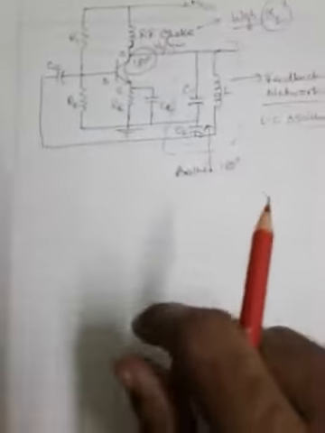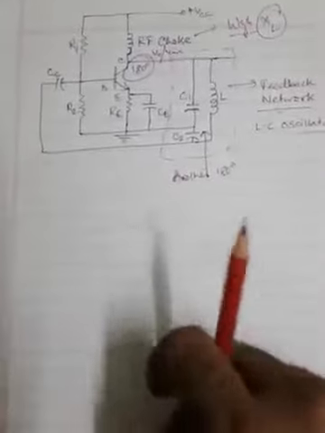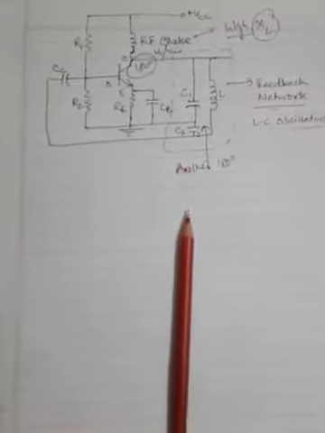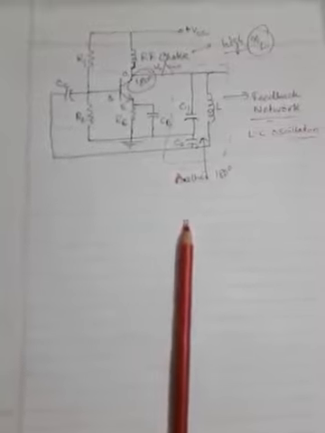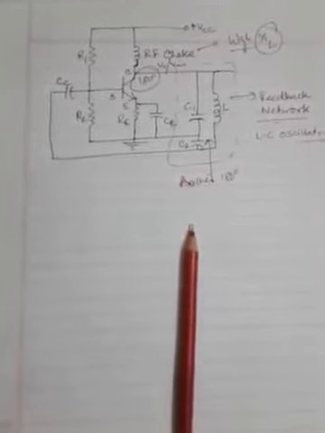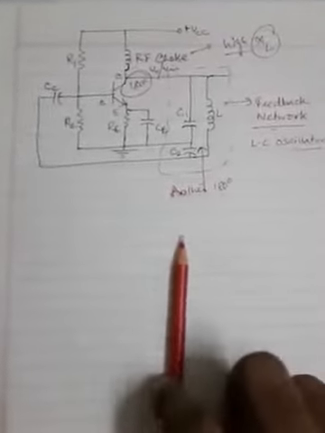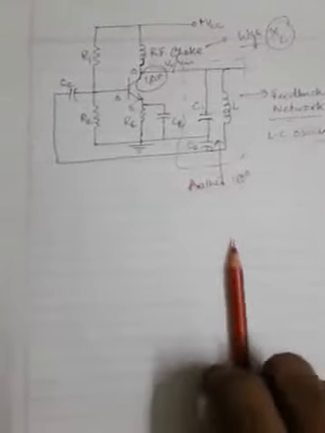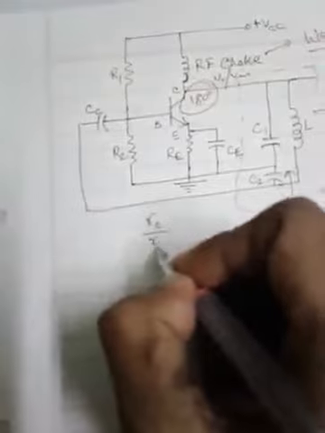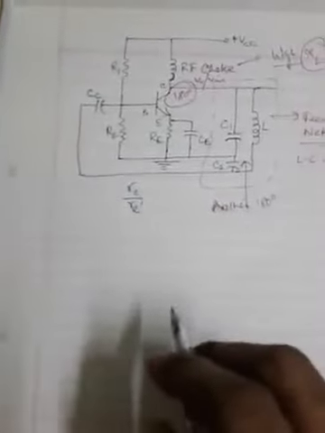And so the circuit has a low frequency voltage gain of rc by re prime. We can find from here, if we analyze the high frequency equivalent circuit, rc by re prime is the low frequency voltage gain.